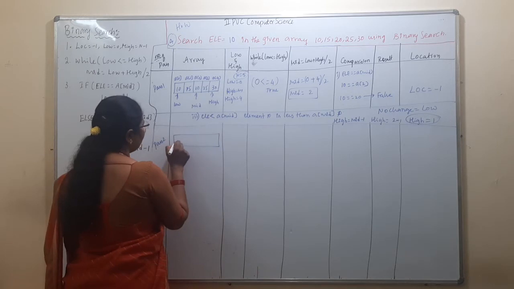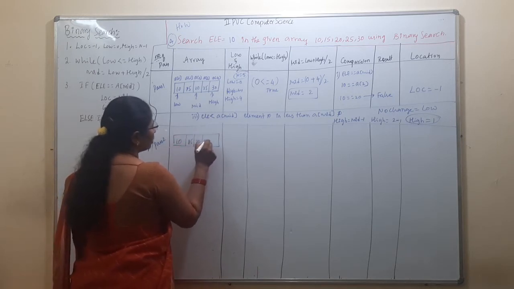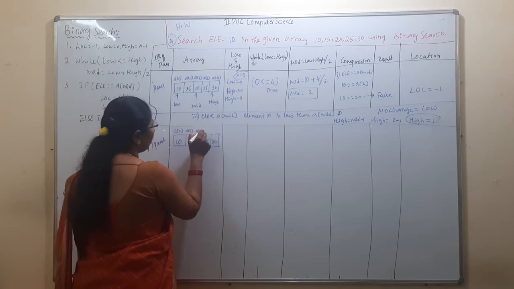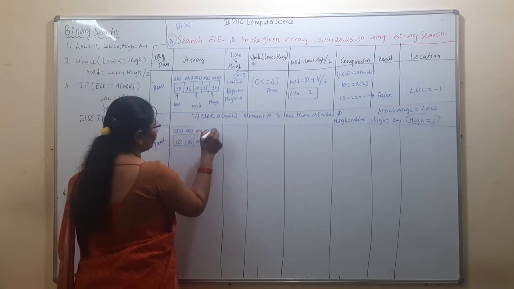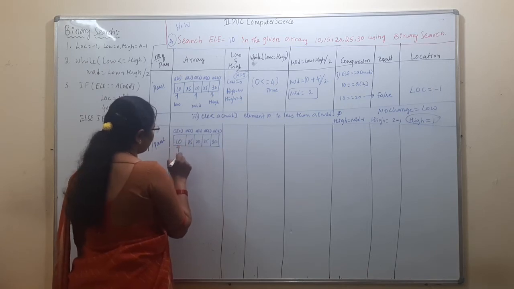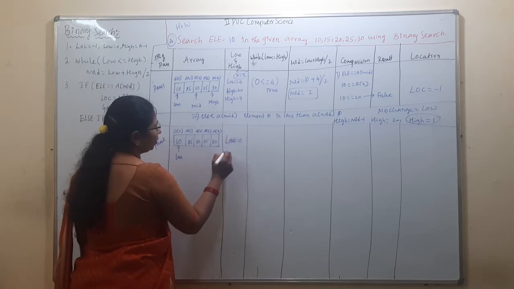So write down the elements 10, 15, 20, 25, 30, A of 0, A of 1, A of 2, A of 3, A of 4. There is no change in the low pointer, low is 0.